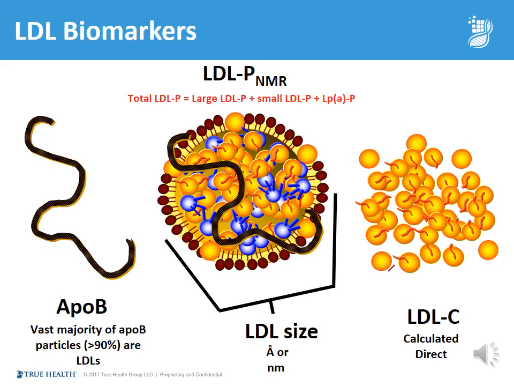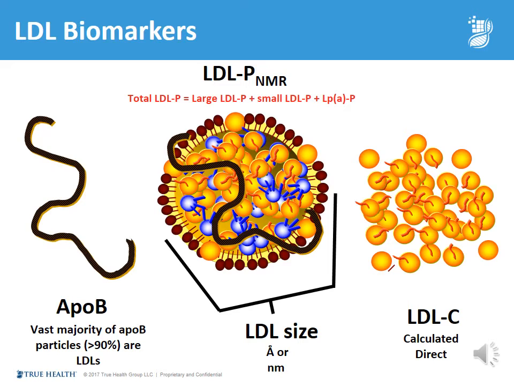So when you get an LDL-P back, you're basically being told how many nanomoles of LDL particles exist per liter of plasma. As mentioned before, LDL size can be provided by a laboratory, previously in angstroms, most of the time nowadays in nanometers, and they can be classified as being normal size, small, or large.